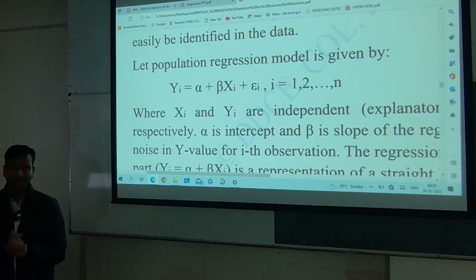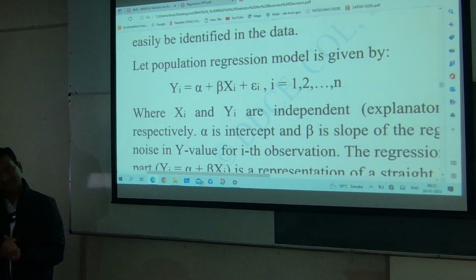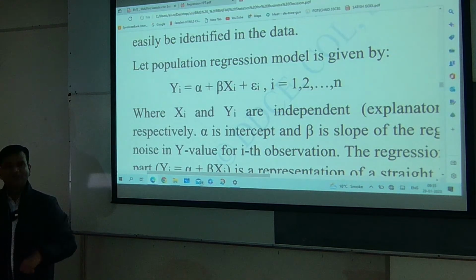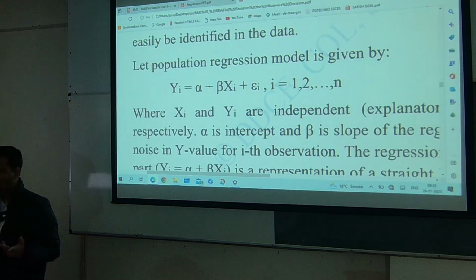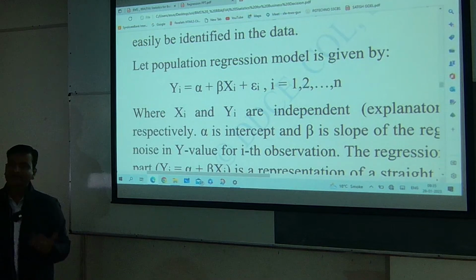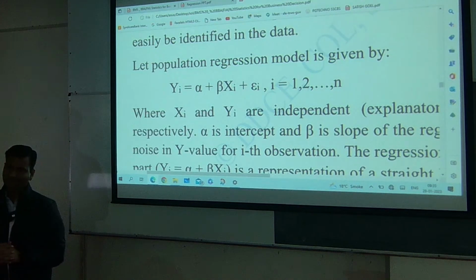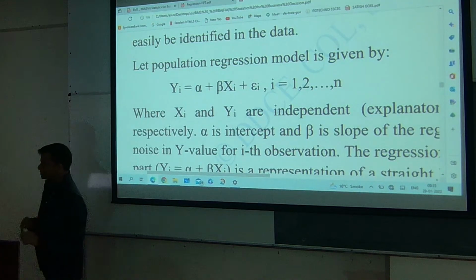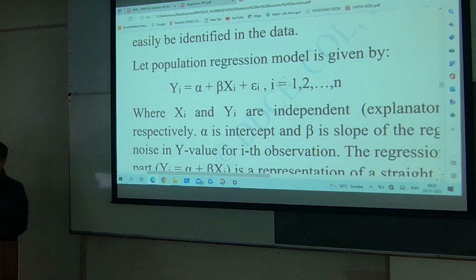Using that you can estimate this alpha as well as beta. Basically you have to fit a line. If you have bivariate data x and y, you have to fit a best fit line in your data so that the error should be minimized. Okay, so I will show you that through example. So here alpha is basically your intercept and beta is the slope.